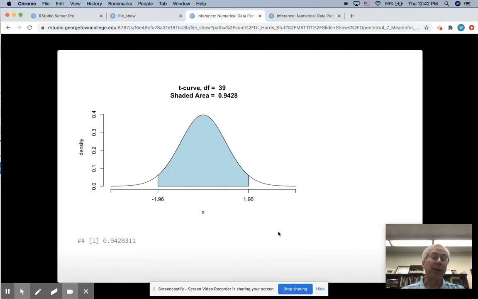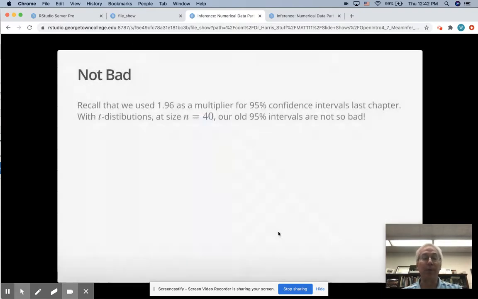Okay, this is again an effect of t-distributions being more spread out. There's not 95% of the area underneath the curve between negative 1.96 and 1.96 like it was underneath the normal curve. So nonetheless, if the sample size were 40, a 94.3% confidence interval isn't that far off from a 95% confidence interval. We're not going to do that with such a large sample size, but we want to recognize that it's not terrible.